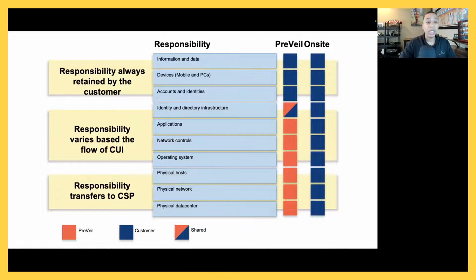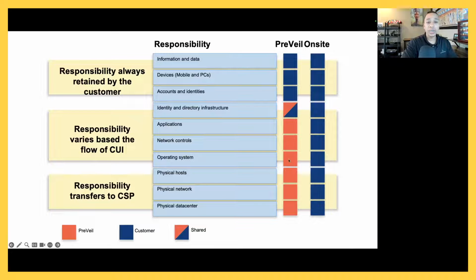So in this case, Aspire Cyber is storing our CUI in Prevail. Now, an alternative to that, if you're storing your CUI on site, then you as a customer are fully responsible for all of the controls. So you would not inherit any of the controls.